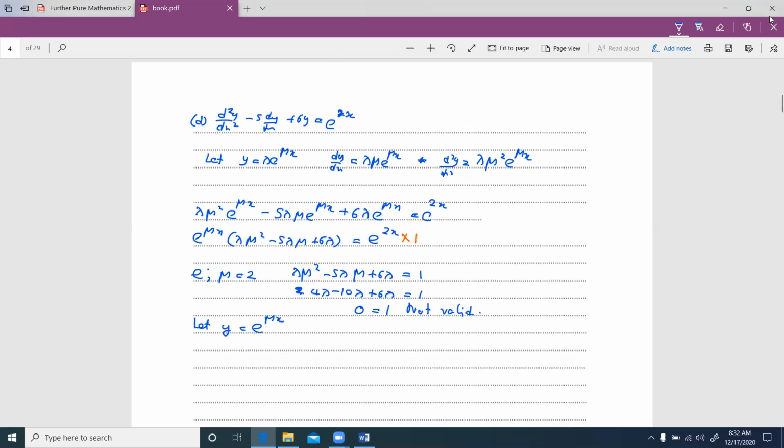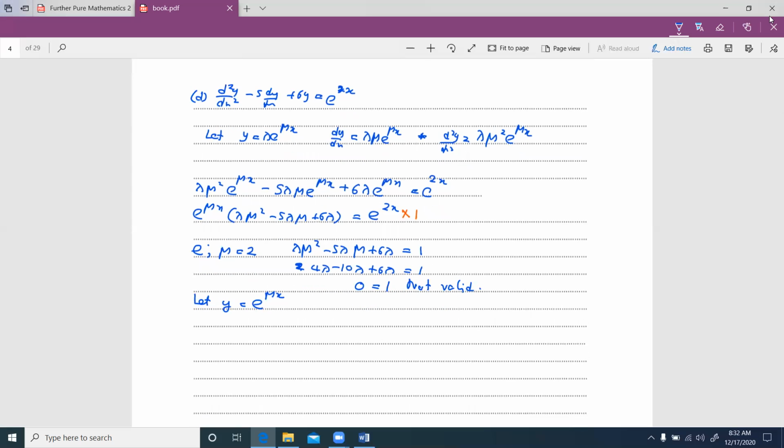Then what you can write over here: dy by dx is equal to mu e to the power mu x, and d squared y by dx squared is equal to mu squared e to the power mu x. Let's see how it comes.